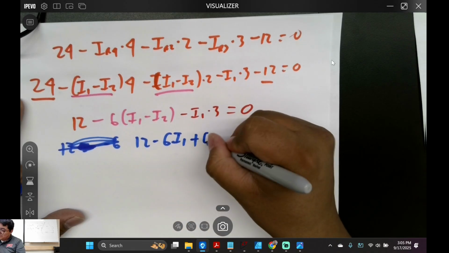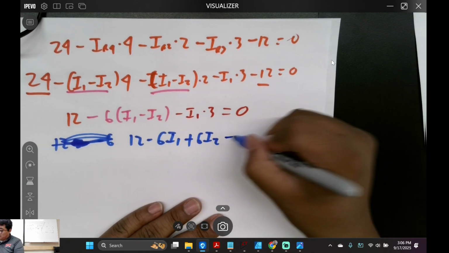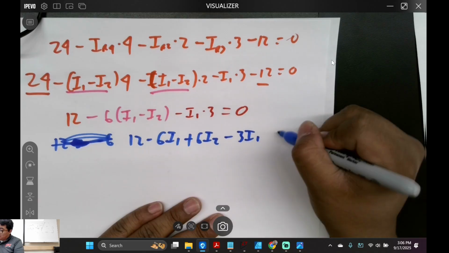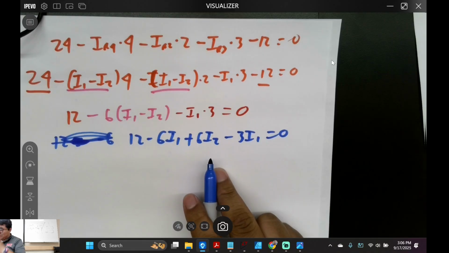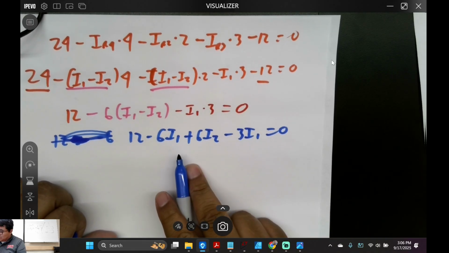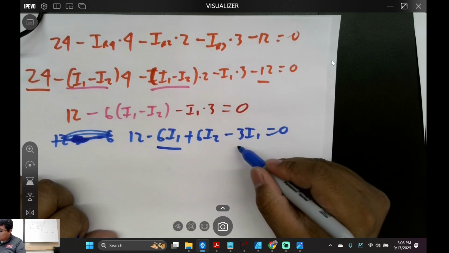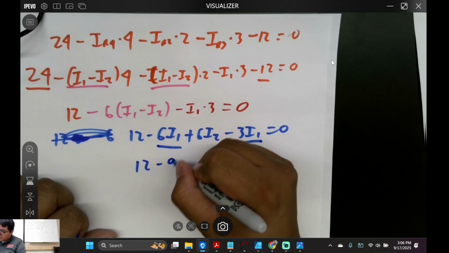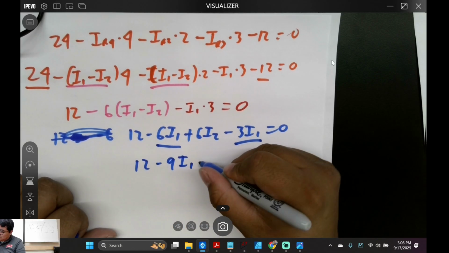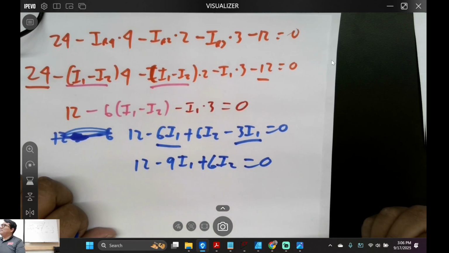Plus 6I2, right? And this right here is minus 3I1 is equal to 0, right? Now let's make it to where it is easier for us. Here's I1, here's I2, another I1, 12 minus 9I1 plus 6I2. Is that good?